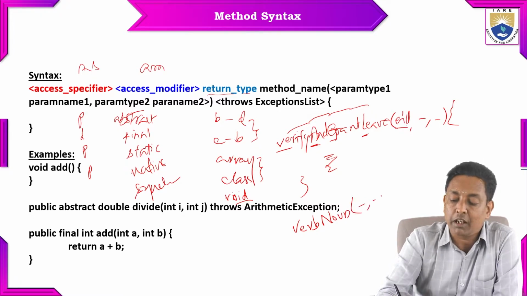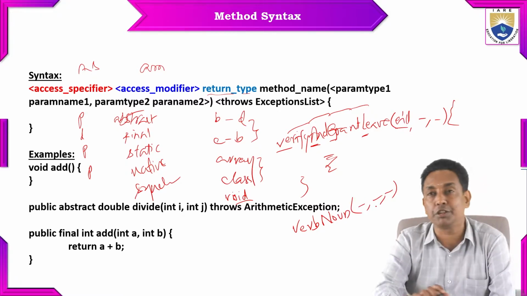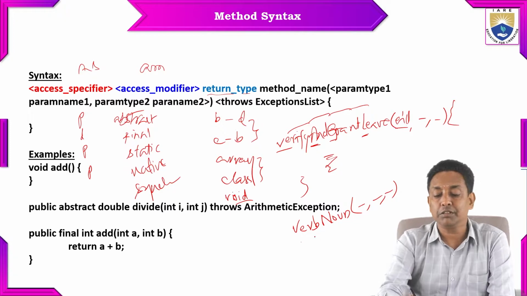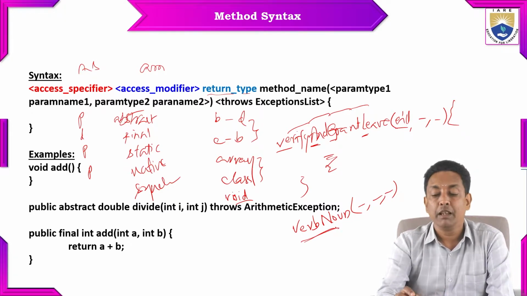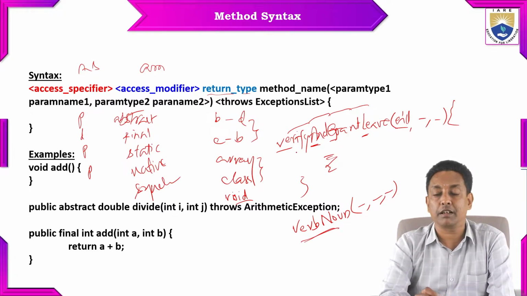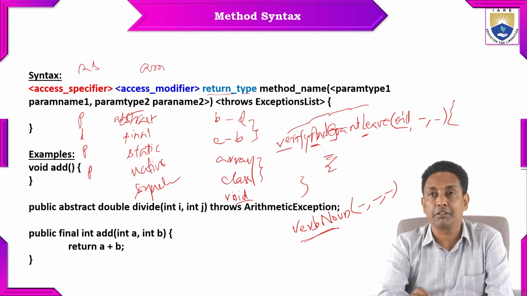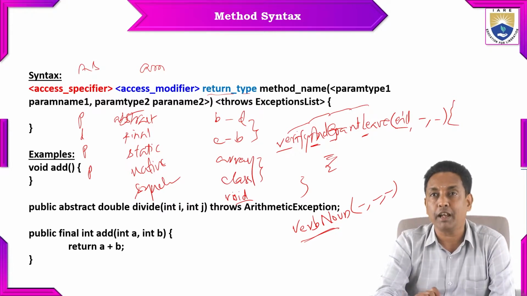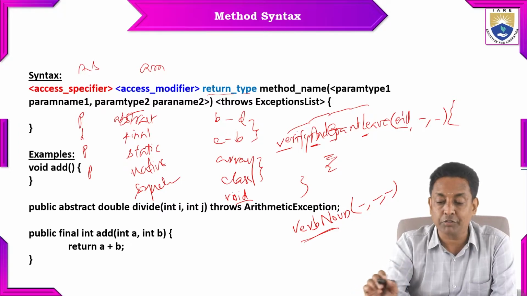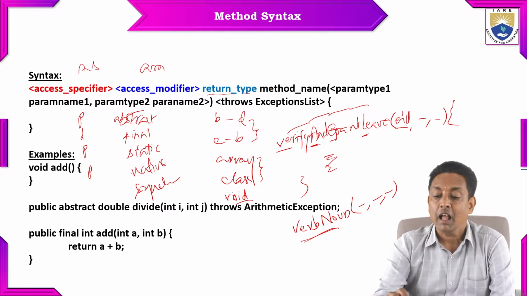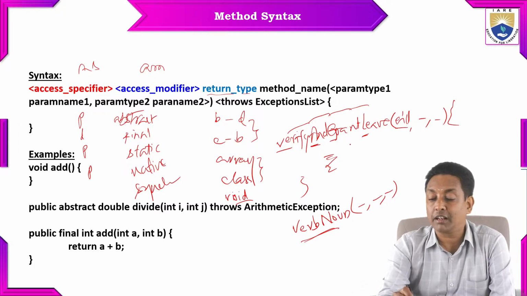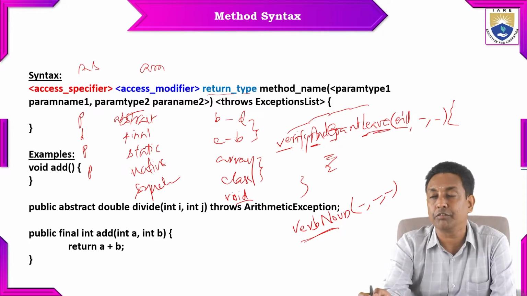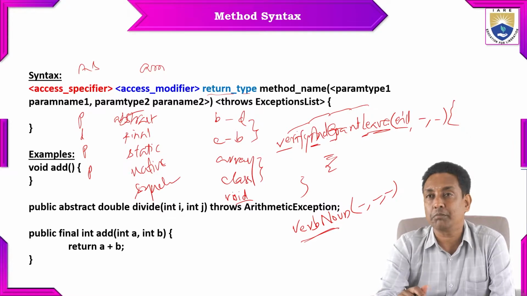A verb followed by noun combination should always be used while writing a method. If you observe my previous method, I started with a verb called verify, as in please go and verify. Then another verb, grant. What to grant? The noun is leave: you grant leave to the employee.